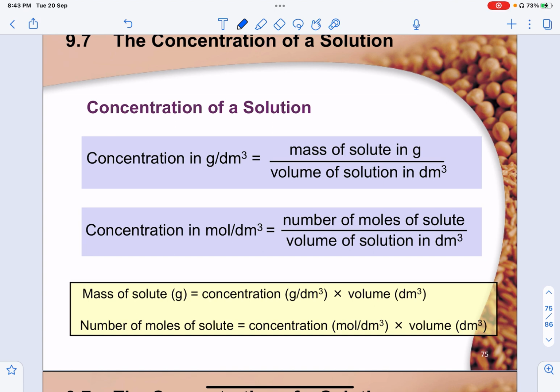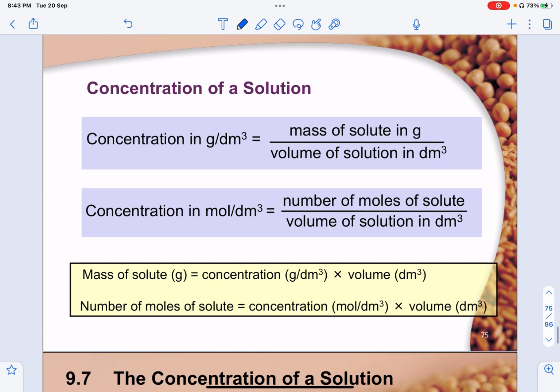If you are using moles per dm cube, which is very, very common, then you will need to use the number of moles of the solute divided by the total volume of the solution. On the other hand, if they want grams per dm cube, usually you use the mass, not the molar mass or the MR, but the mass of the solute with respect to the volume.